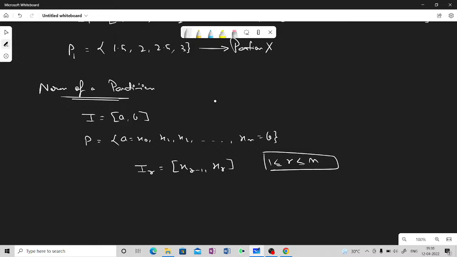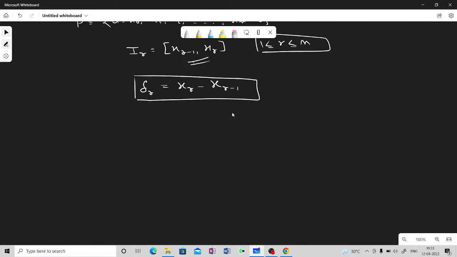Now see, this particular sub interval has some length, right? What is the length given? We use this symbol delta r. It is simply xr minus xr minus 1. This is the length of the sub interval, right? Clear?